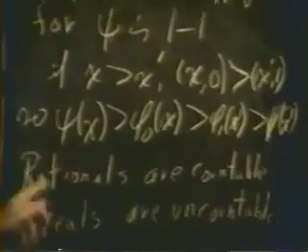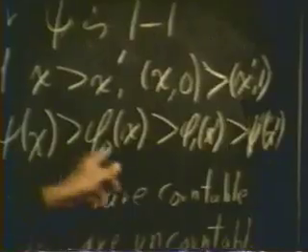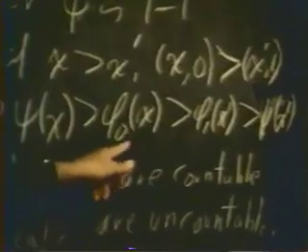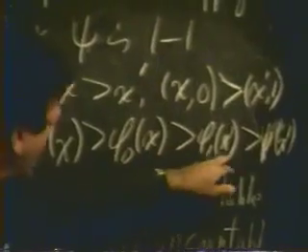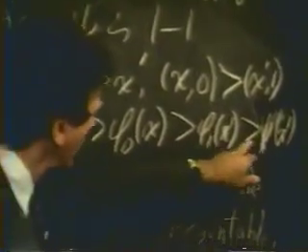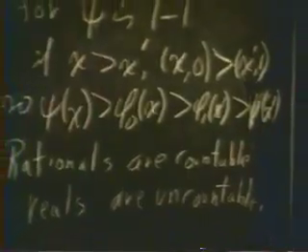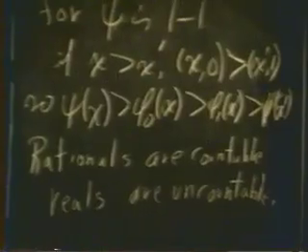Remember, psi of x was chosen to be between phi 0 of x and phi 1 of x. So psi of x is strictly greater than phi 0 of x, but as we've just seen, phi 0 of x is greater than phi 1 of x prime, which is greater than psi of x prime by the same argument. Psi, therefore, is a 1-1 function.